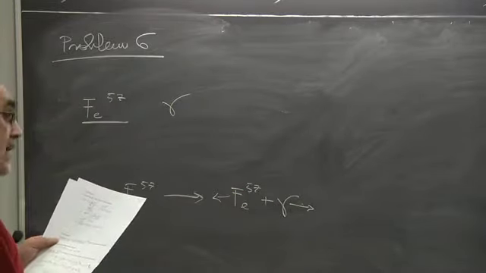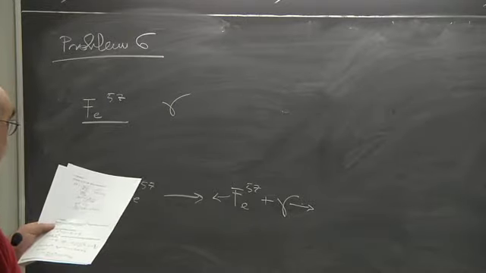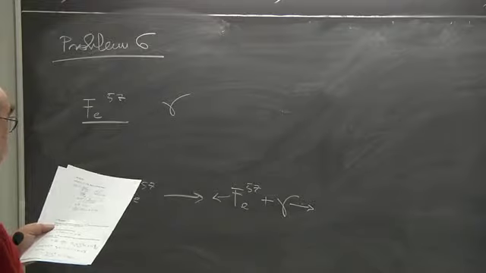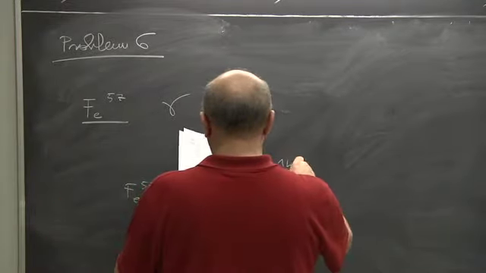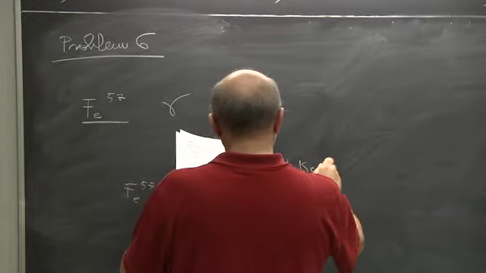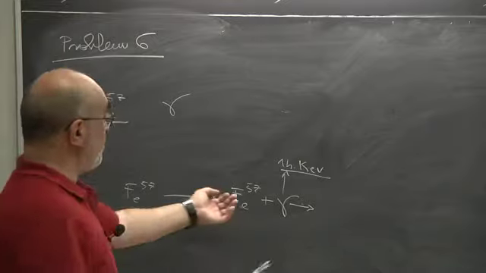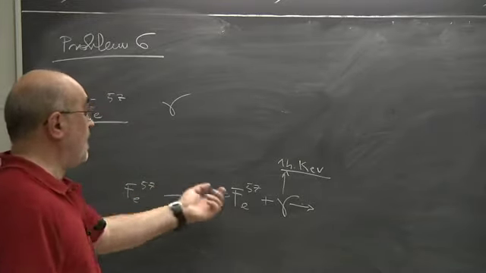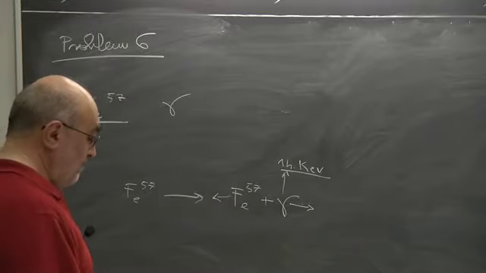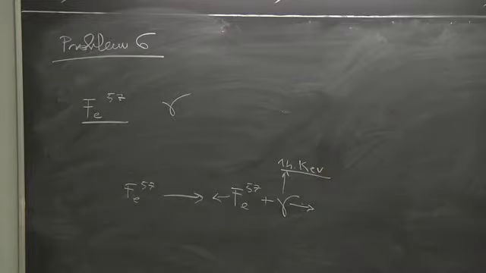So it says, what is the recoil momentum in the laboratory of a nucleus of iron due to the emission of a 14 keV gamma ray? So it will emit, and then for conservation of momentum it will recoil. And which is the velocity that it has? Is it relativistic or not?